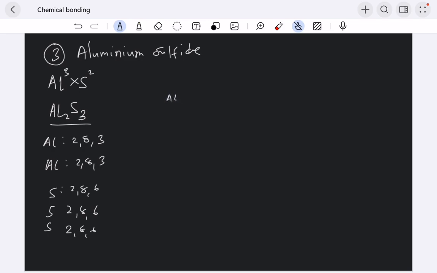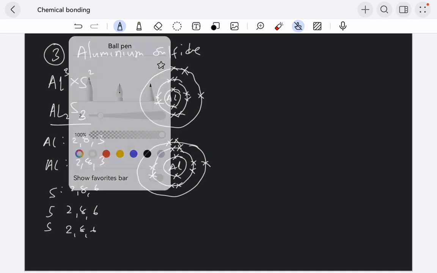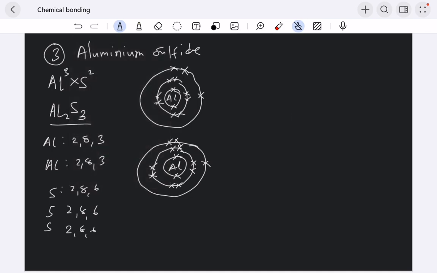So we have aluminium with 2, 8, 3, then another aluminium. Okay, then we have 3 sulfur.